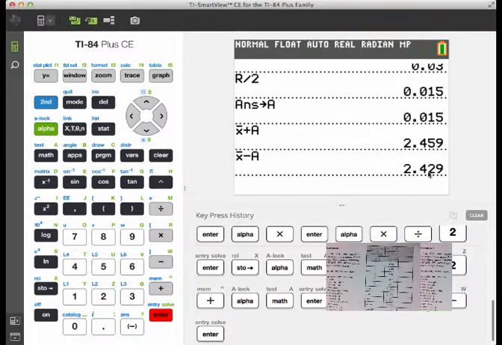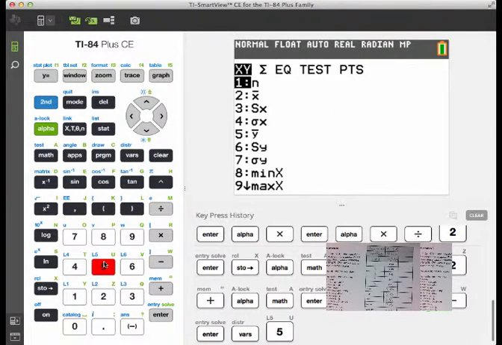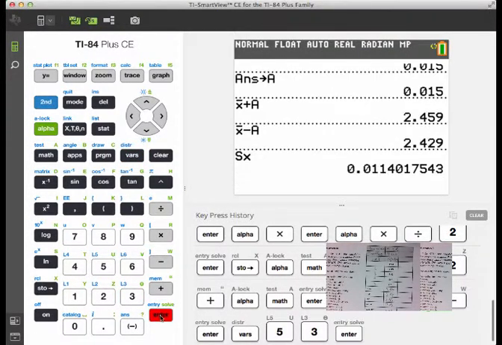Now the standard deviation, we can just pull that up by selecting it, 3, and that's 0.011. Now that's automatically stored, but we only want to record to the hundredths place, and this second one doesn't allow for rounding, so the standard deviation is 0.01.